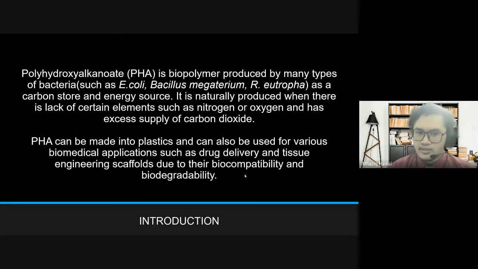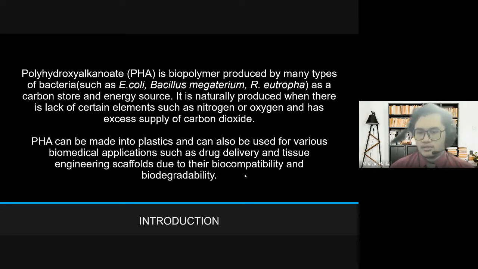They synthesize polyhydroxyalkanoate as a carbon store or as an energy source, which is naturally produced when they lack certain elements in their surroundings, such as nitrogen or oxygen, and when they have an excess supply of carbon. That is why they use PHA as a carbon store and energy source when they lack supply.